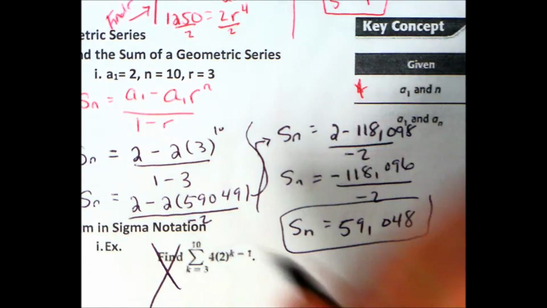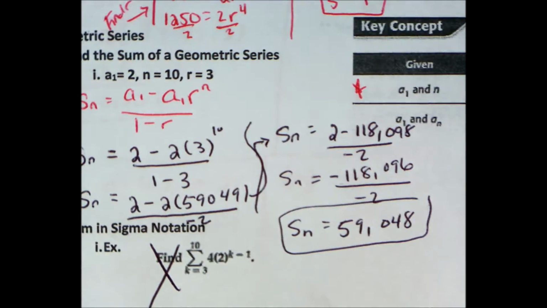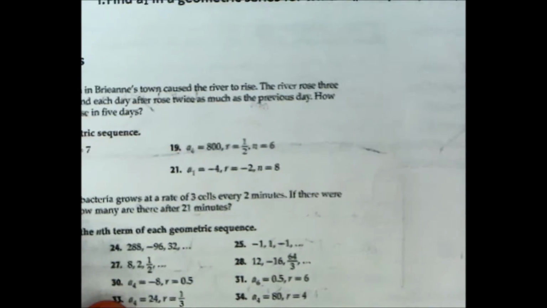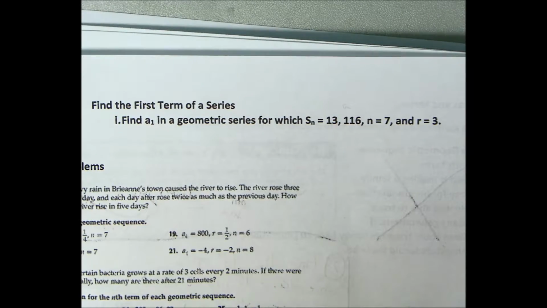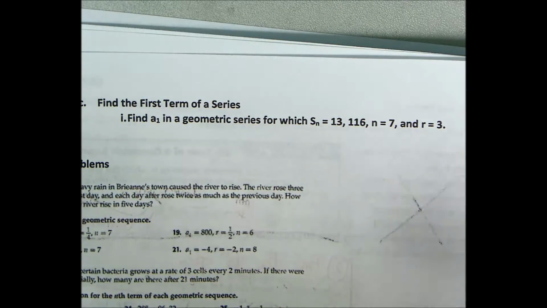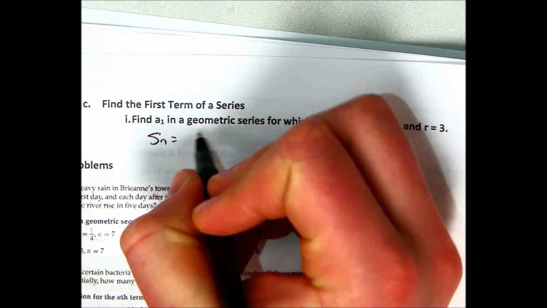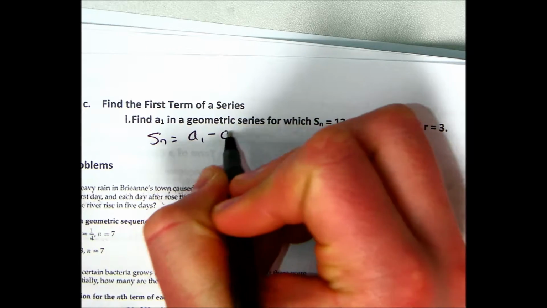And then I have one last example for you. Flip over. It goes off of: find the first term in the geometric series for which Sn equals 13,116, n equals 7, and r equals 3. So first things first, we have an n, and we're looking for the first term, so we're going to have to use that first formula again. Sn equals the first term minus the first term times r to the nth, divided by 1 minus r.